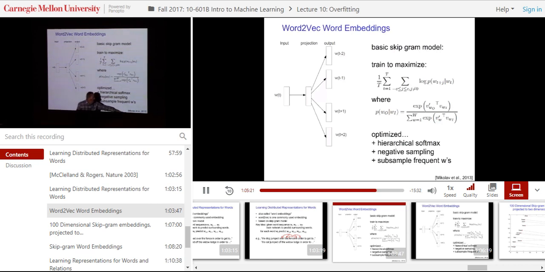So if you look at this paper by Mikolov et al., which introduced this only 4 years ago, they present this as the basic model, but then, for example, there's an issue here because if there are 50,000 possible words in your vocabulary, this is a big sum and it's very expensive to calculate all that.